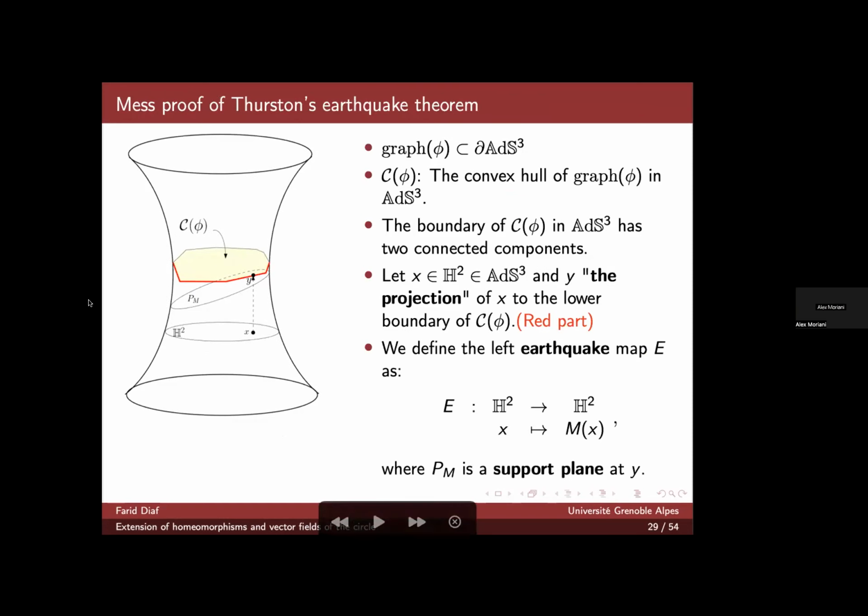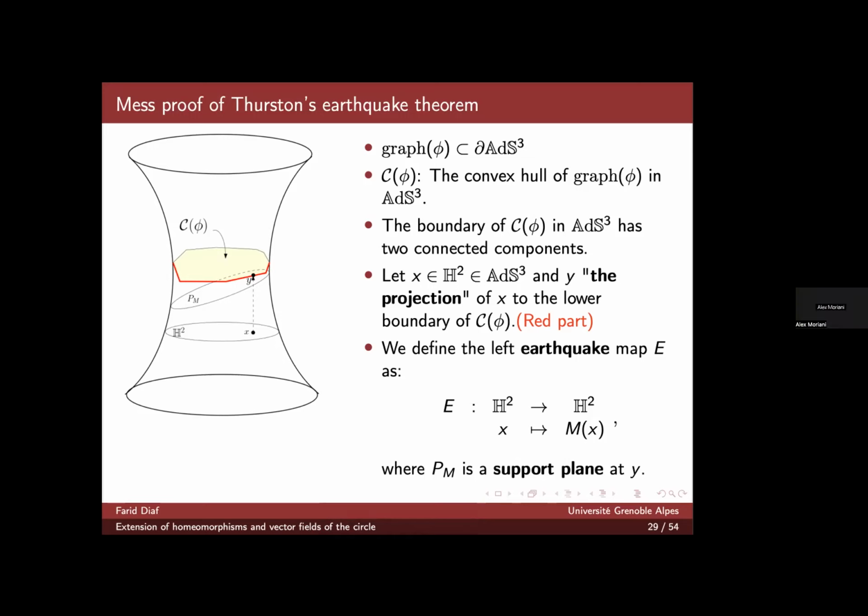And maybe I have another question. This projection you use, is it the warped projection or a normal projection from H2? I don't know what the warped projection is. The warped projection is when you write AdS3 as a product of H2 cross S1.